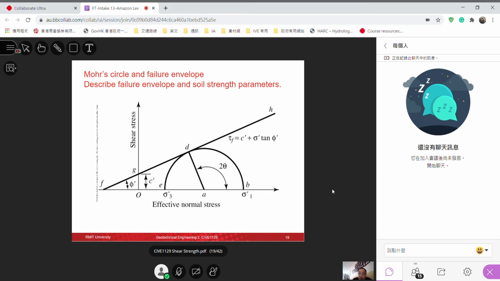Now, the Mohr-Coulomb failure criteria says that, if at the point of failure we plot the effective normal stress with the maximum shear stress developed across the potential failure plane, then we will find out that the soil mass we're talking about will be governed by this straight line.